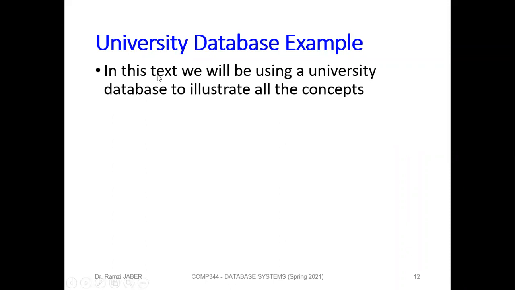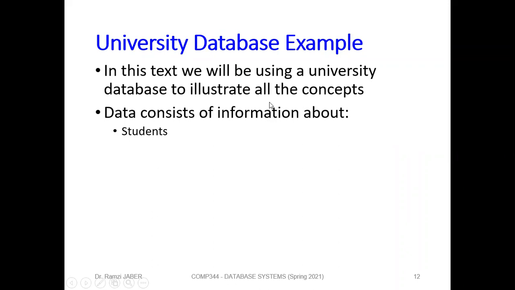Now we'll take a university database example. In this book, we'll use a university database to illustrate all the concepts, and we'll make a lot of examples on the same database. The data will be about students, instructors, and courses.